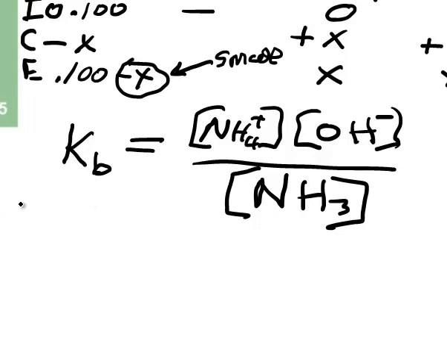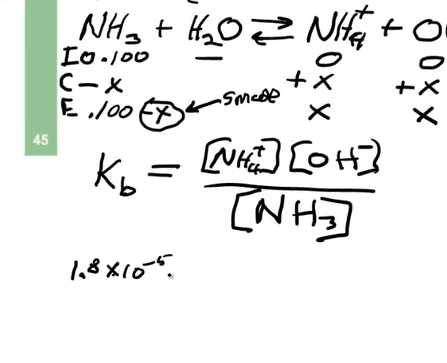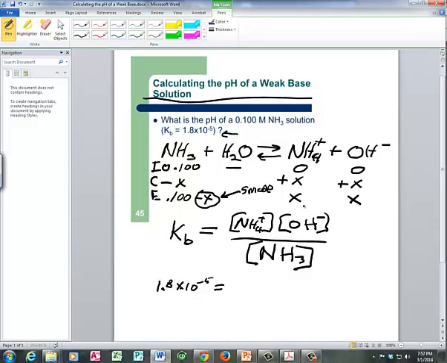Now we're going to plug in our values with our simplified math. The Kb for ammonia is 1.8 times 10 to the minus 5, which is equal to, from our ICE table, x times x, which is just x squared, divided by 0.100.